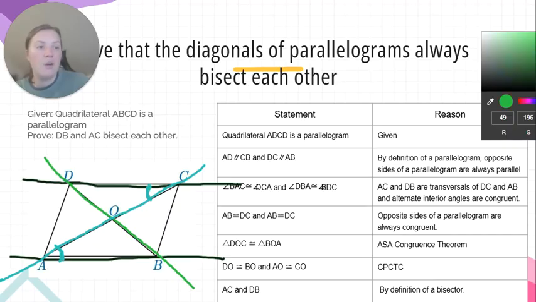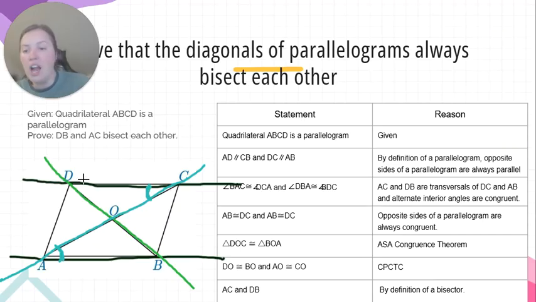Looking at our other transversal here, we've got our angle ADC, this one right here, right? If we run along the transversal, the opposite interior angle is going to be this one right here, this ABD angle, or ABO if we want to use the O as one of our endpoints, right?